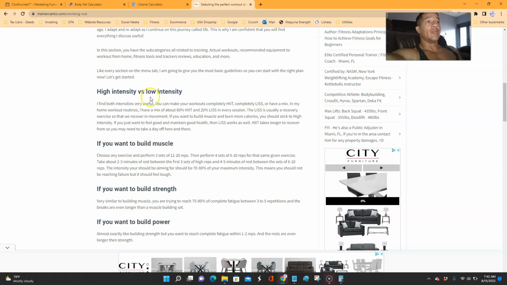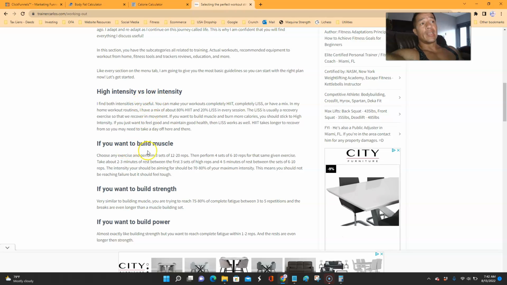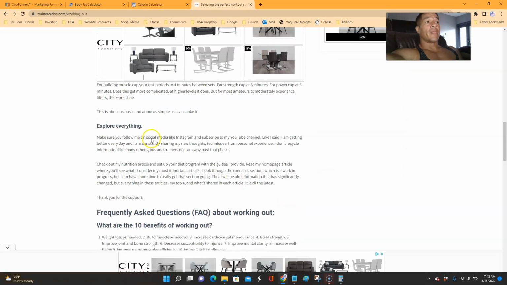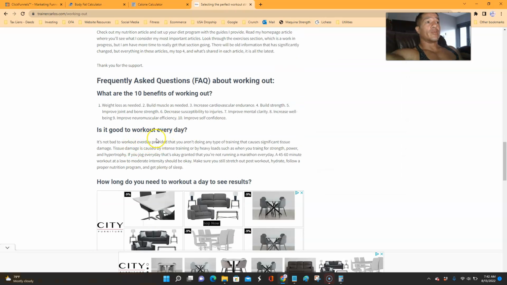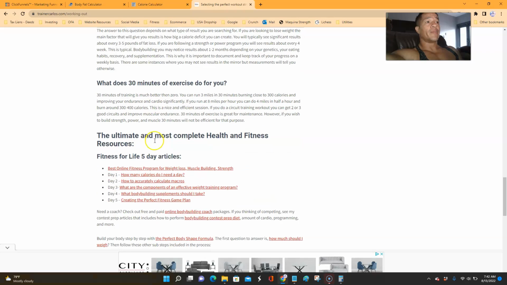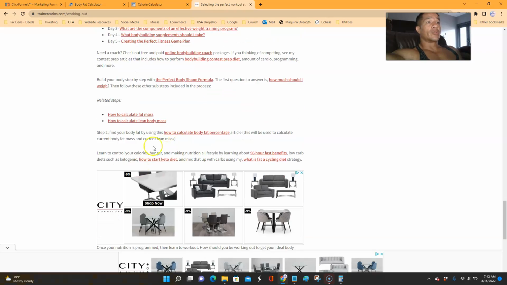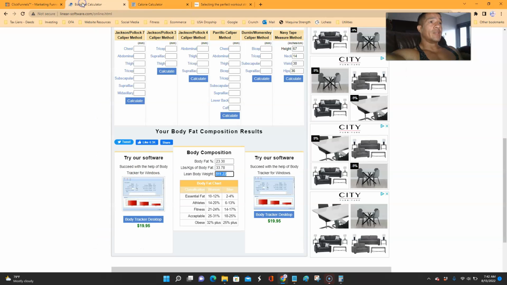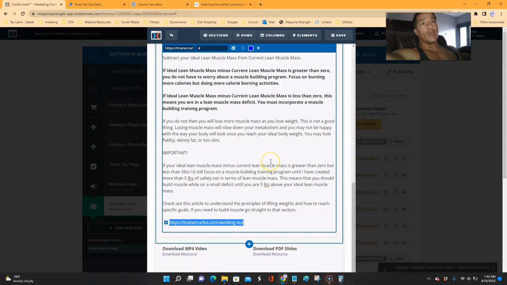So you have high intensity versus low intensity, if you want to build muscle, strength, or power. All right. Some frequently asked questions, and then some more information here. But definitely take a look at that article if you want to understand a little bit more about how you should be lifting weights. But bottom line is you have to understand the dynamics of lifting.